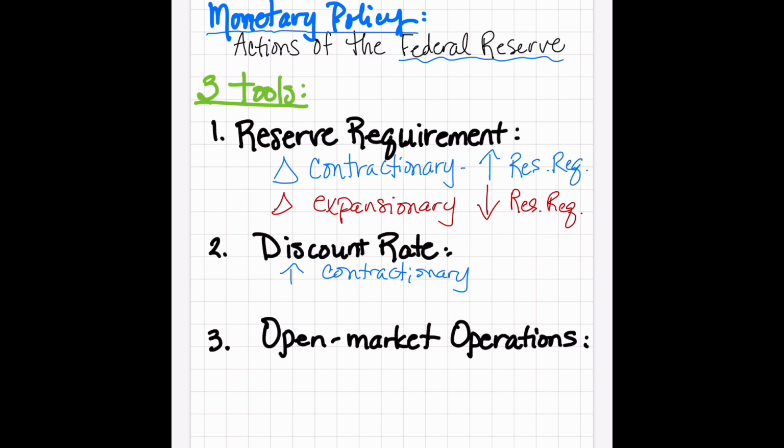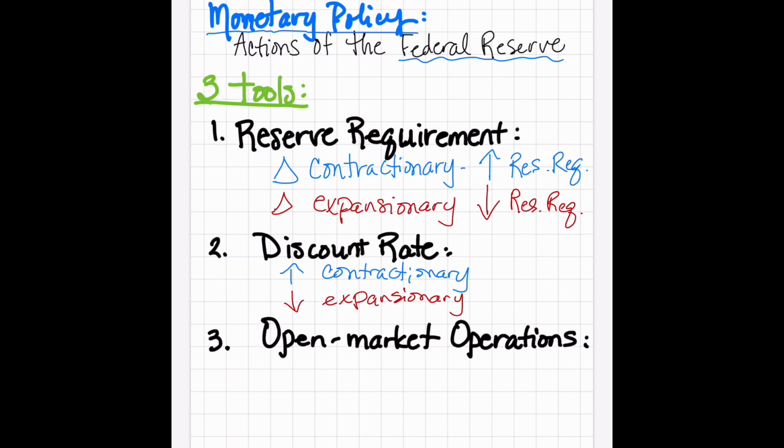A decrease in the discount rate would be expansionary, because that would put more money into the banks, allow them to have it at a lower price, and encourage the lending behavior that moves through the economy. So you'd have expansionary and contractionary behavior related to the discount rate, although rarely used.